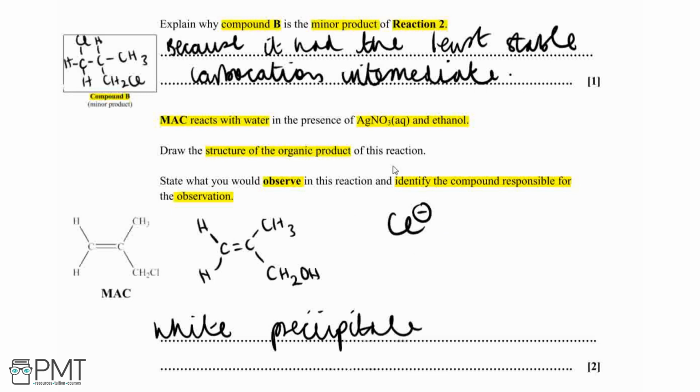And that's because you get a reaction between these, a precipitation reaction, where we produce silver chloride, which will be that white solid, that white precipitate. And for this question, there was 1 mark for the structure of the organic product and 1 mark for identifying that we've got a white precipitate as our observation and that the compound responsible for this was silver chloride. So you need both of those last points in order to get that 2nd mark overall.